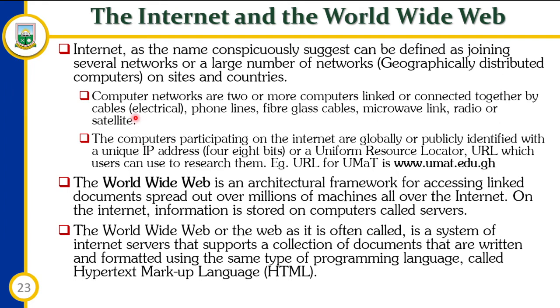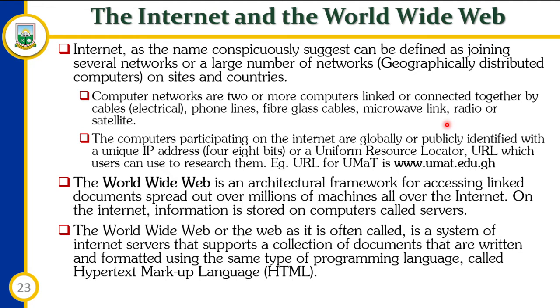In a computer network, we have two or more computers linked or connected together by cable, be it electrical, phone lines, fiber cable, microwave that the service providers provide, radio, or even satellite. Those are ways that we get connected onto the internet.